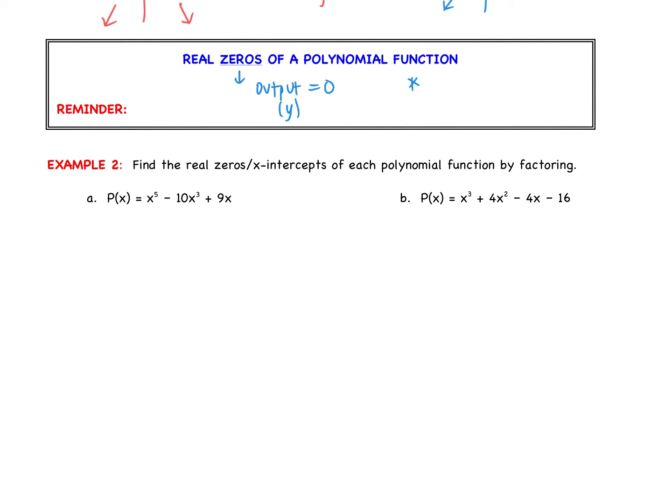Two things for you to remember. First of all, when we say 0, that's the same as x-intercept. So x-intercept means y is 0. How do we know how many zeros there are when we look at an equation like 2a?